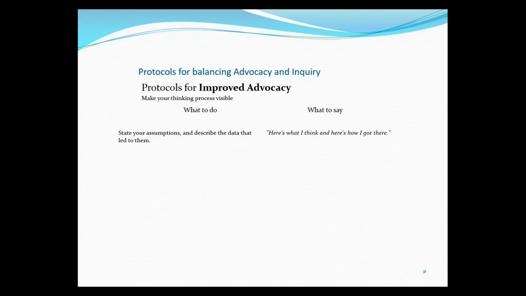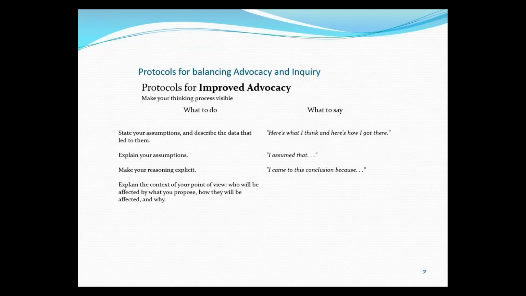I get to the conclusion and I share the conclusion, but it takes me some doing to go back and put all the pieces of the gestalt together for how I got there. Another one we often get caught up in is explaining our assumptions to people, or I came to this conclusion because. So that's how you practice improved advocacy.